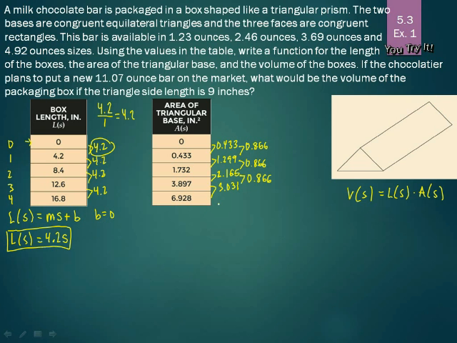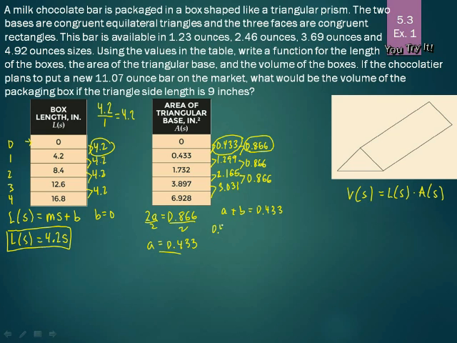Then for A of S, we have our second difference that's the same. We know that 2A will equal the second difference, which is 0.866. Dividing by 2 on each side, we get 0.433. To get B, A plus B equals the first difference between 0 and 1, which would be 0.433.